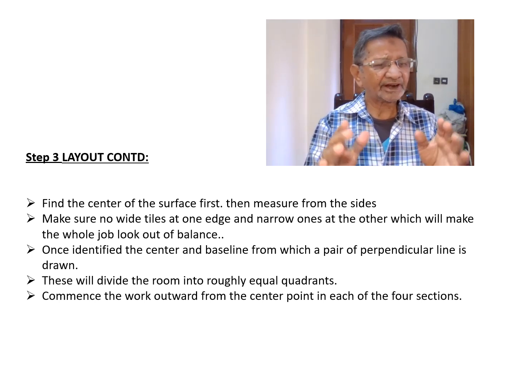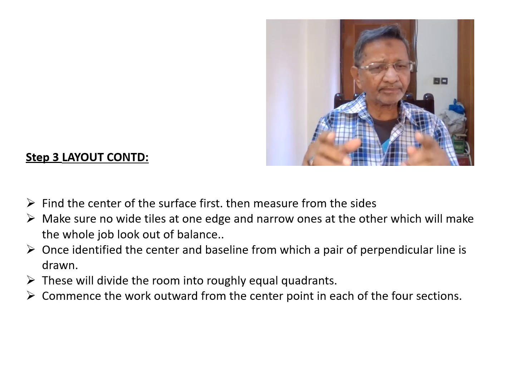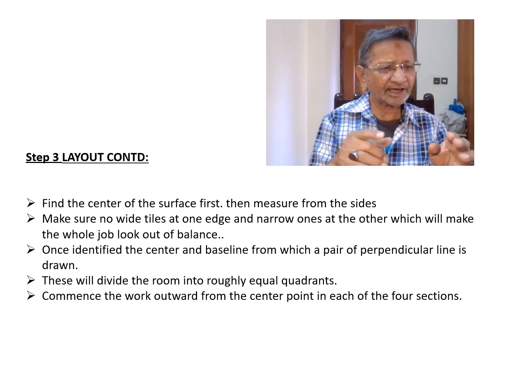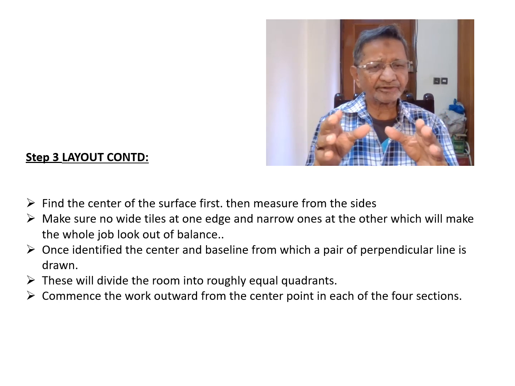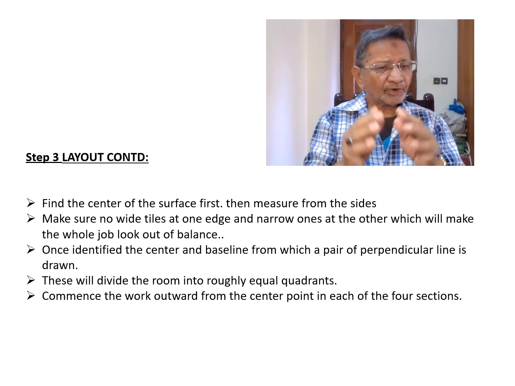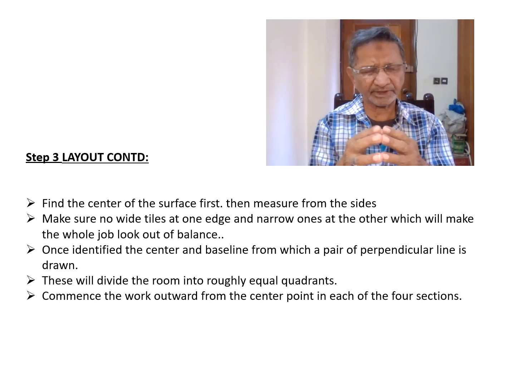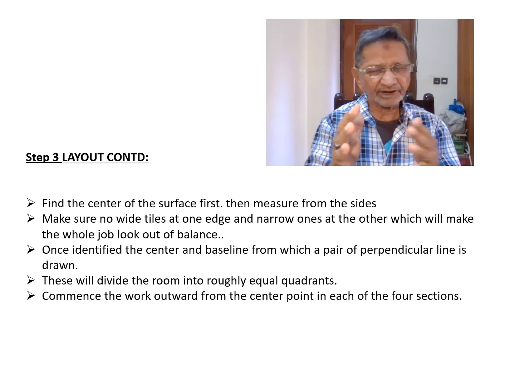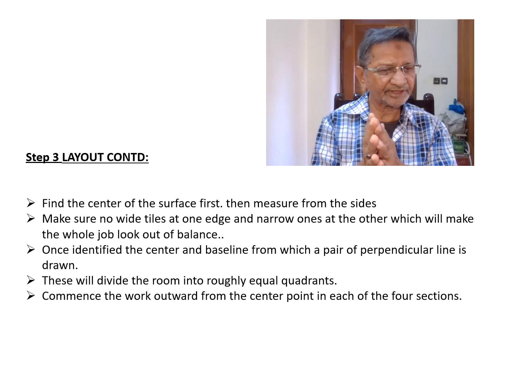Point 4 is that once the center is determined, establish a baseline and draw two perpendicular lines that will split the room into 4 roughly equal sections. These lines will divide the room into 4 equal sections.